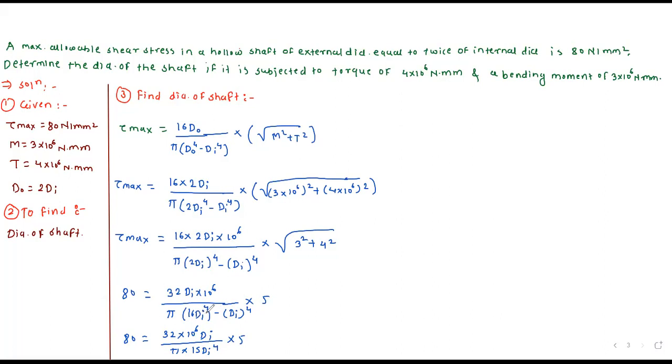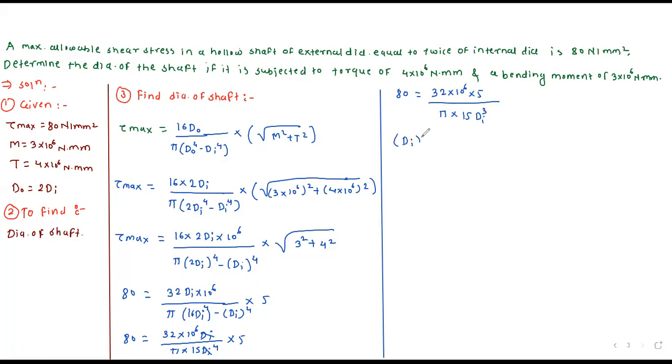So 16 Di raised to 4 minus Di raised to 4 is 15 Di raised to 4. So 1 Di and 1 Di get cancelled. Now we will rewrite once again. 80 is equal to 32 into 10 raised to 6 into 5 divided by pi into 15 Di cube. Now we will shift this Di cube to the left side.